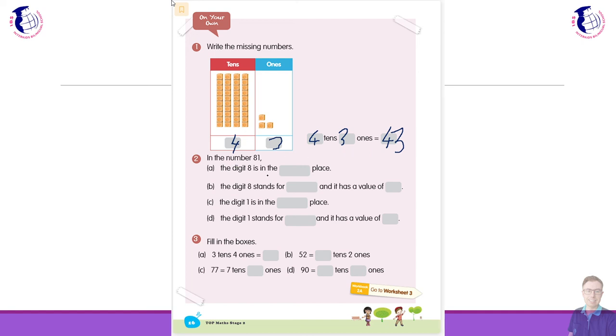In the number 81, the digit 8 is in the tens place. As you can see, it's the furthest one to the left. The digit 8 stands for 8 tens, and it has a value of 80.